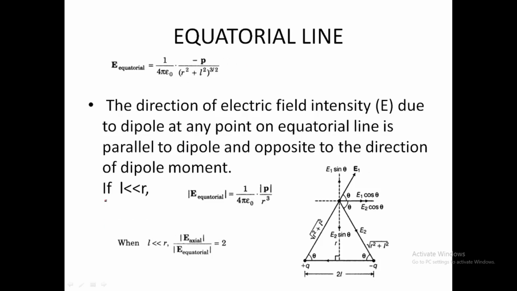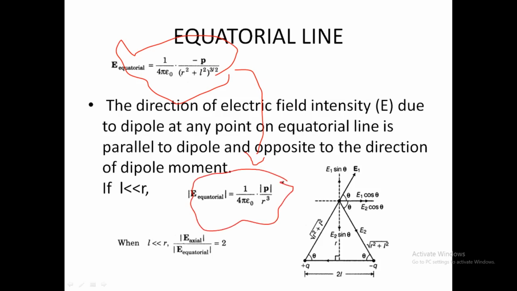Next one is the equatorial line. You use a similar concept over there, and when l is very small, on further simplification you will get an equation that you have to know very well, which you would be expected to know in our examinations. The ratio between axial and equatorial points will always be 2 times.